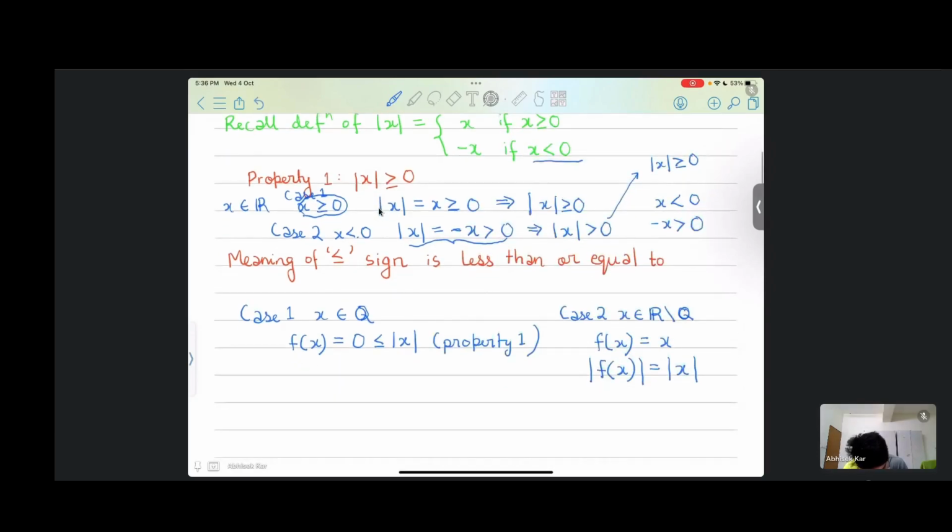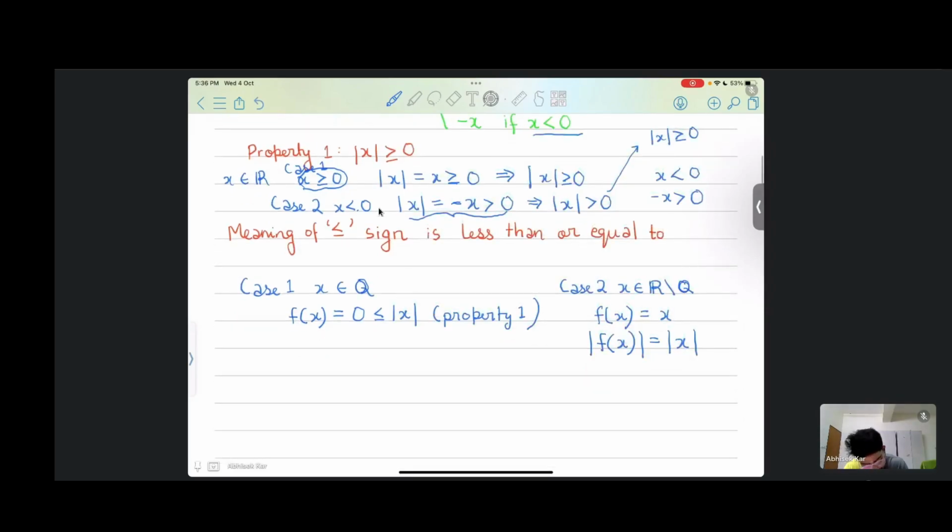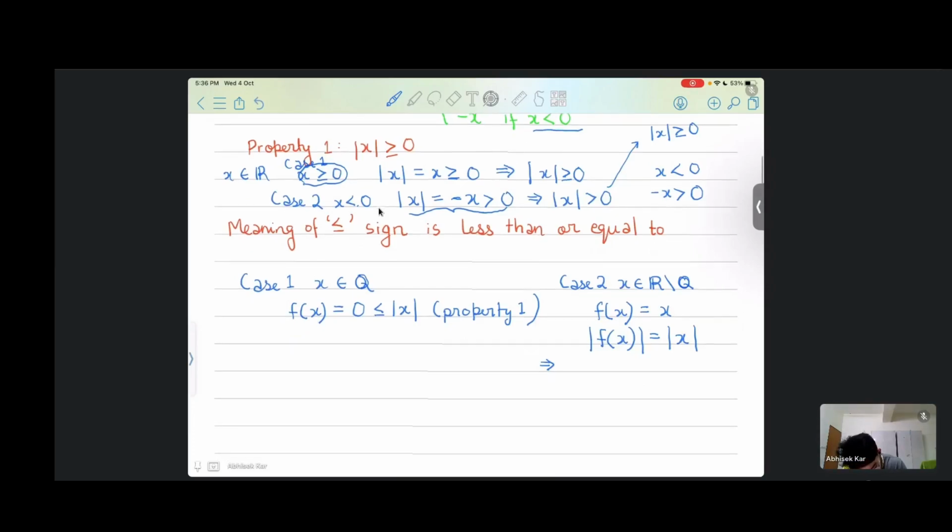Now what is the meaning of less than or equal to? Either it is less or equal to. In this case this is equal to, so obviously mod of f(x) is less than or equal to mod x.